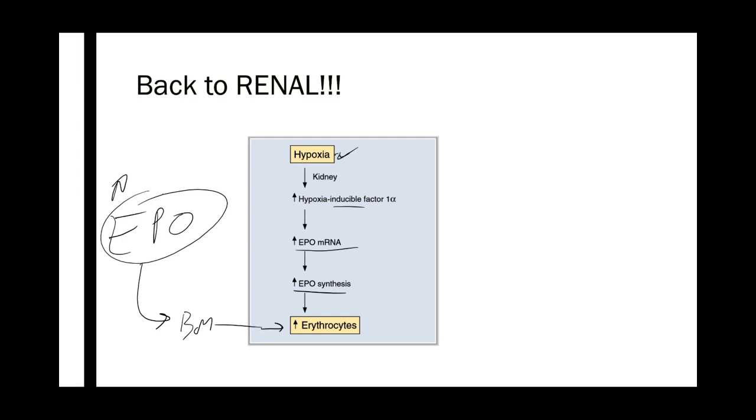And this is very intuitive, right? You want your kidney to do this. If it senses low oxygen, you want it to send a hormone in the form of EPO to the bone marrow to ramp up production of red blood cells. And this is what, who was it? Lance Armstrong was famous for.